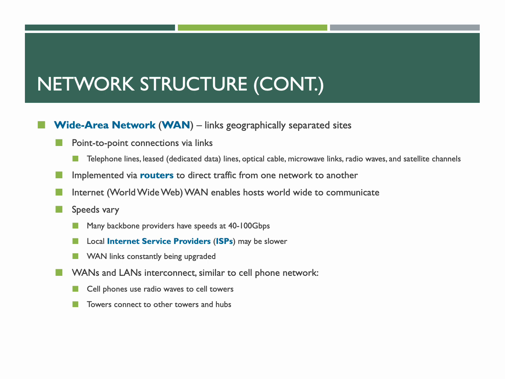WANs operate through point to point connections using a variety of technologies, including telephone lines, dedicated data lines, optical fiber cables, microwave links, radio waves, or satellite communication channels. These connections are typically managed by routers, which direct traffic from one network to another and ensure that data reaches the right destination.